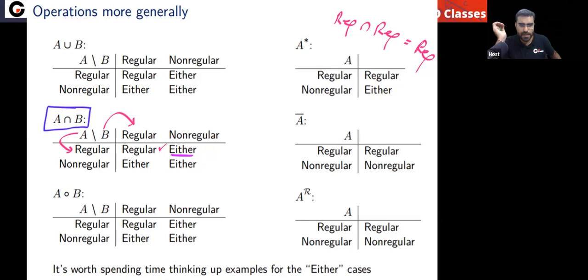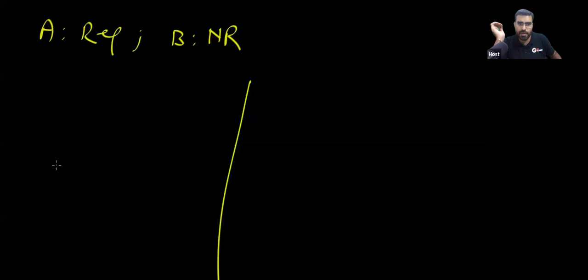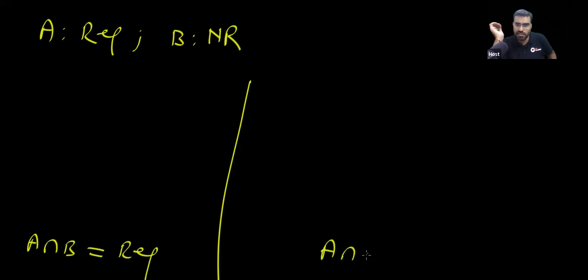A is regular, B is non-regular. Give me languages where the intersection is regular, and languages where the intersection is non-regular.